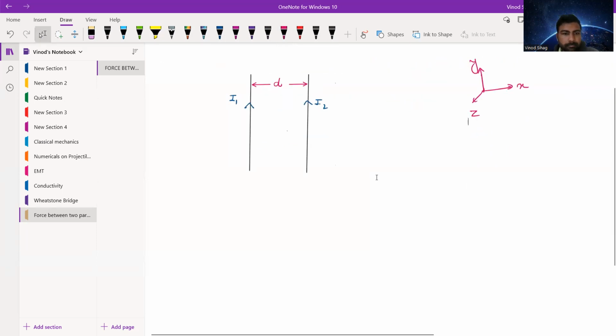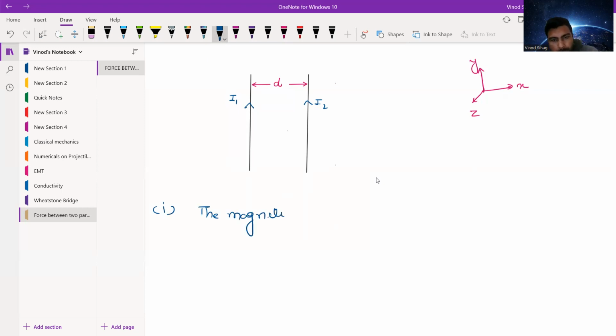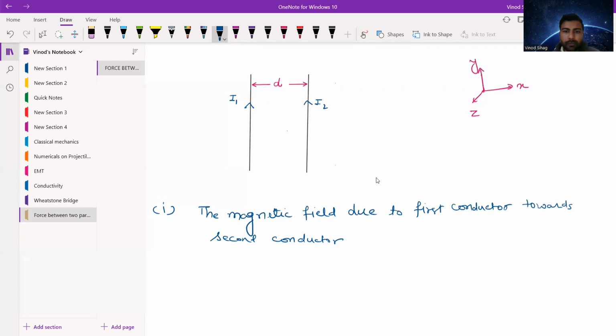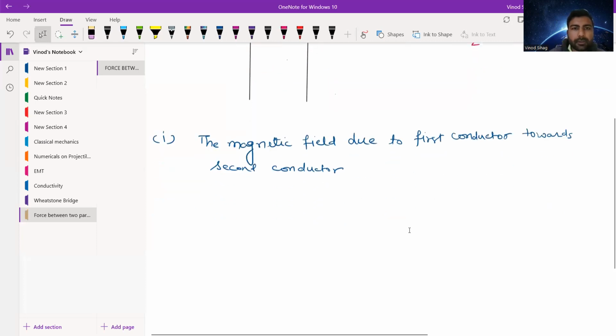First of all, the magnetic field due to the first conductor towards the second conductor. What is the magnetic field due to the first conductor towards the second conductor?